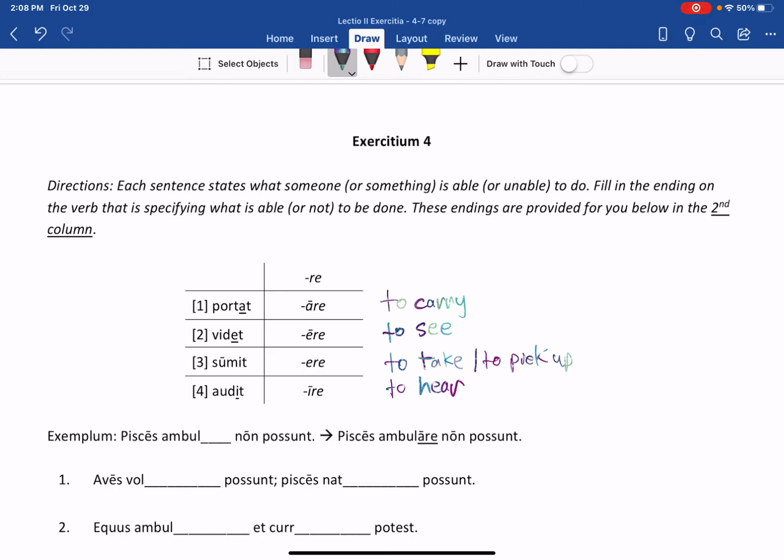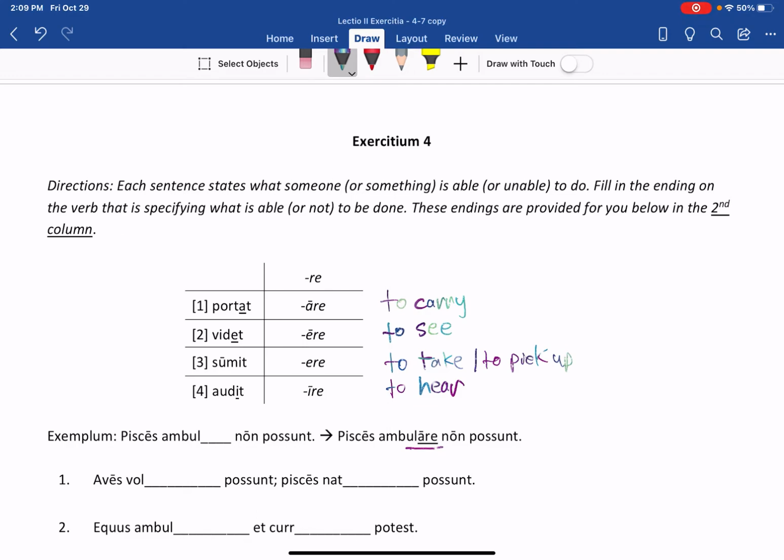So let's take a look at the example. Pisces blank non possunt. Pisces ambulare non possunt, which in English would be fish are not able to walk, ambulare. So we don't say pisces ambulant non possunt, we say pisces ambulare non possunt.